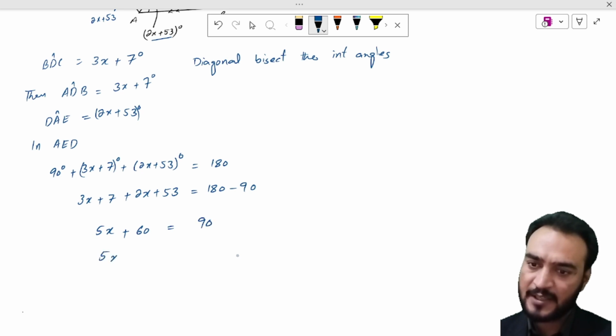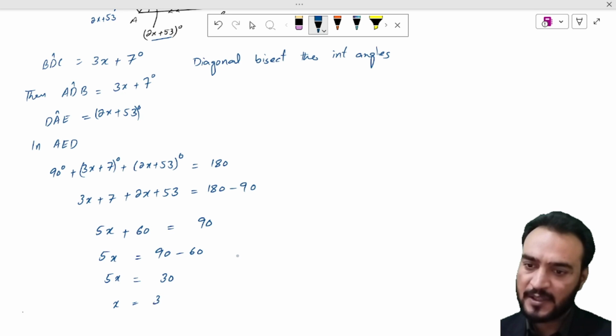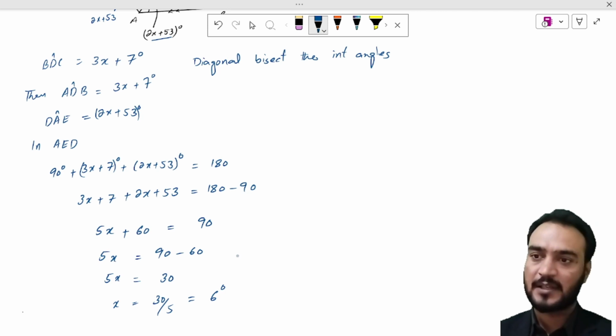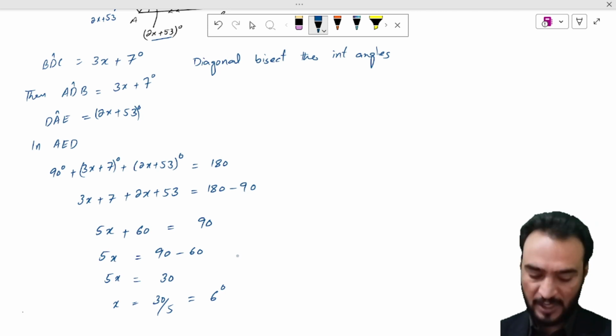Subtracting 60 on the right side, we get 90 minus 60. 5x is equal to 90 minus 60, which is 30. Dividing by 5, 30 divided by 5, we get the value of x, which is equal to 6 degrees. Hence, this was the question number 9. Now let us solve the question number 10.